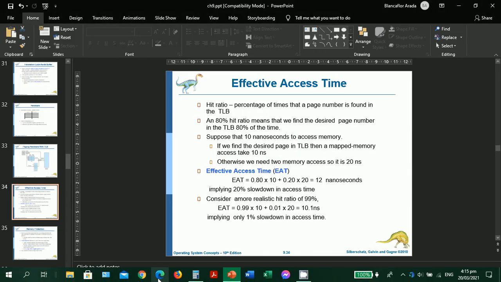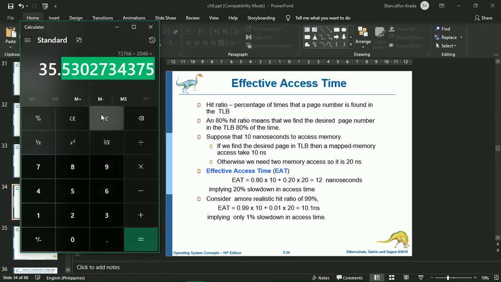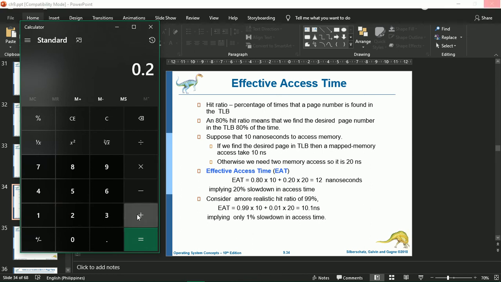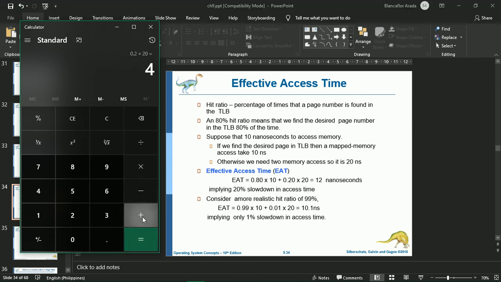We can also use our calculator just to make sure. 0.80 times 10, so we have 8, and then 0.2 times 20 is 4. 4 plus 8, of course, we have 12, implying a 20% slowdown in access time.